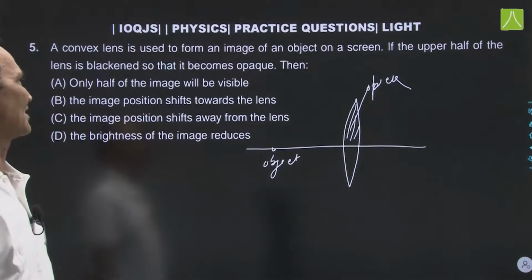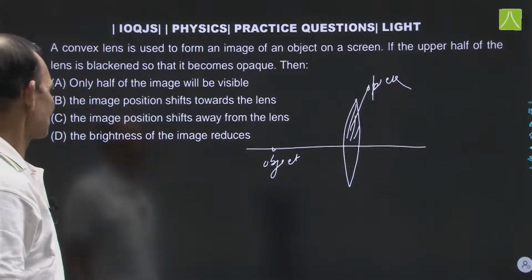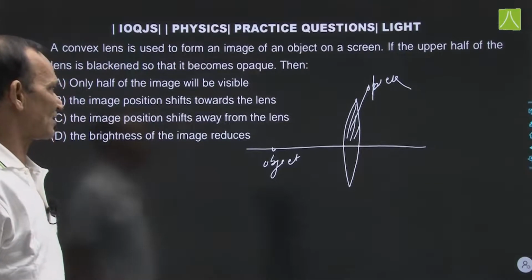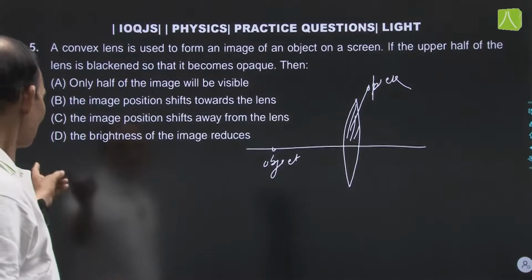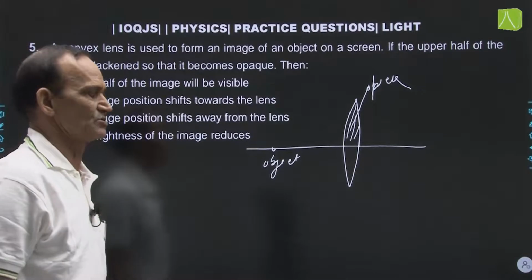Only half of the image will be visible. The image position shifted toward the lens. The image position shifted away from the lens. The brightness of the image reduces.